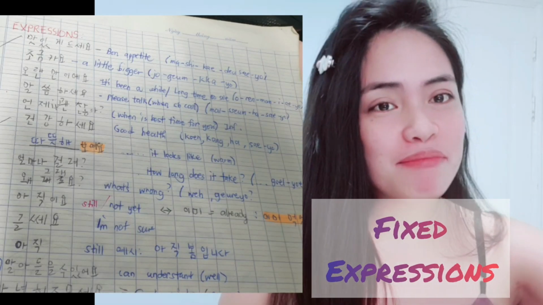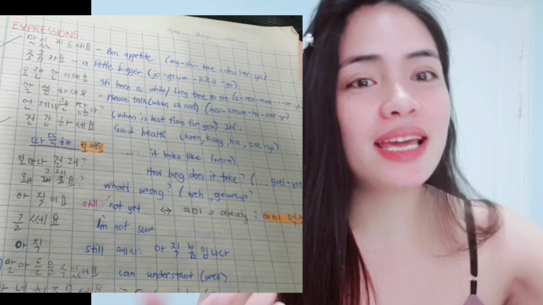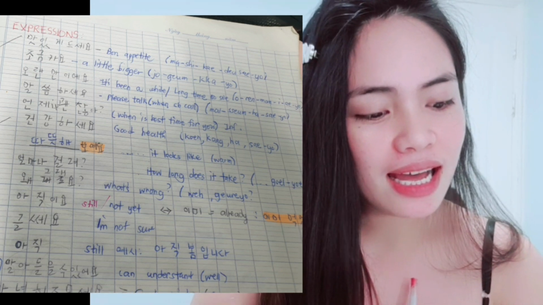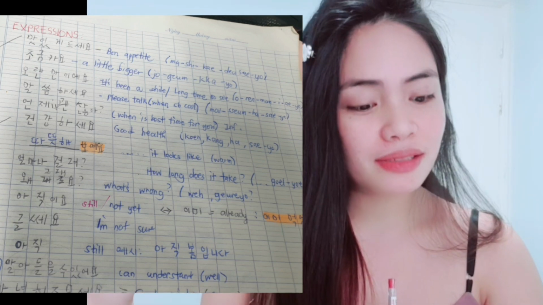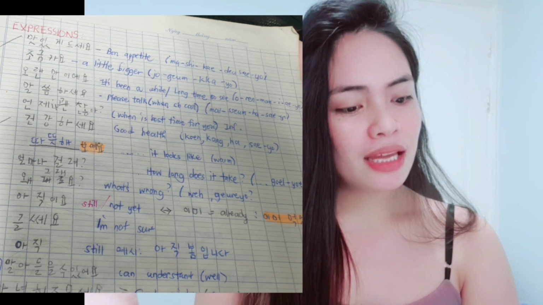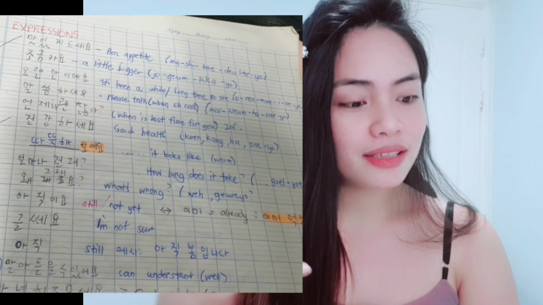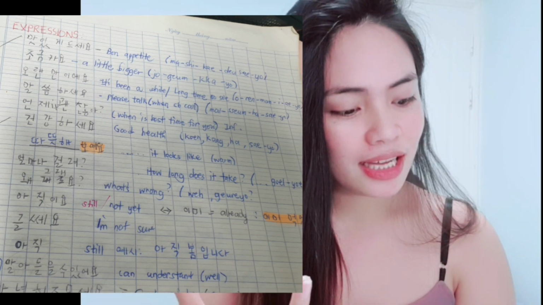Just like, for example, before they eat, they always say 잘 먹겠습니다. And the one who prepares the meal, they also say 맛있게 드세요 or bon appetit. And when you're answering the call, you can also hear 말씀하세요 or please talk.